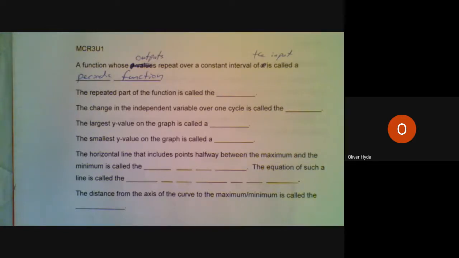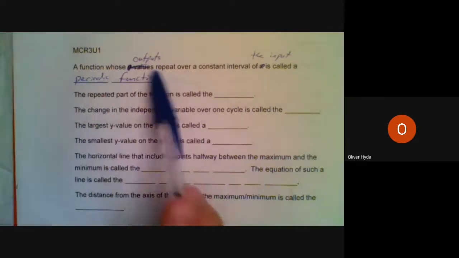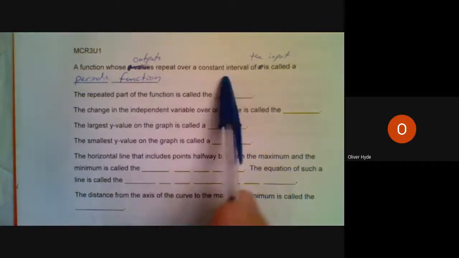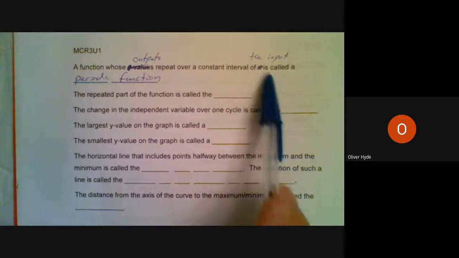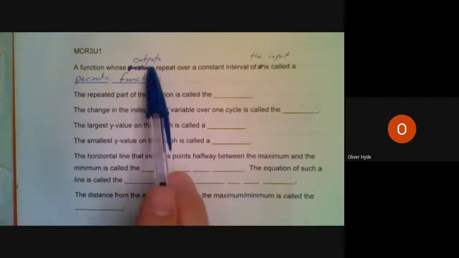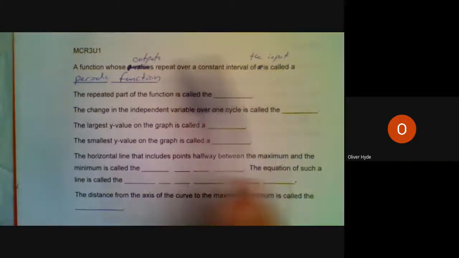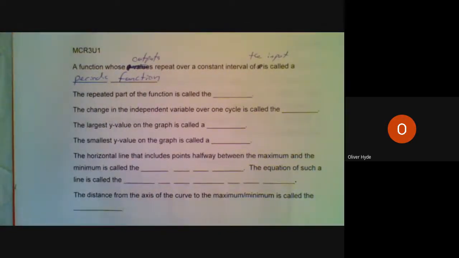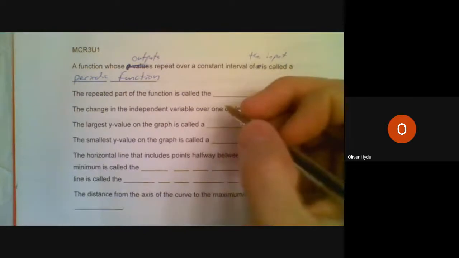If you don't understand the words I'm asking you to define, me re-explaining it using those exact same words isn't helpful at all. But when you have a situation where your outputs, or your dependent variable, repeat over a constant interval of the independent variable, and any possible input yields exactly one output, then you have a relationship which is a periodic function. The repeated part of the function is called the cycle.